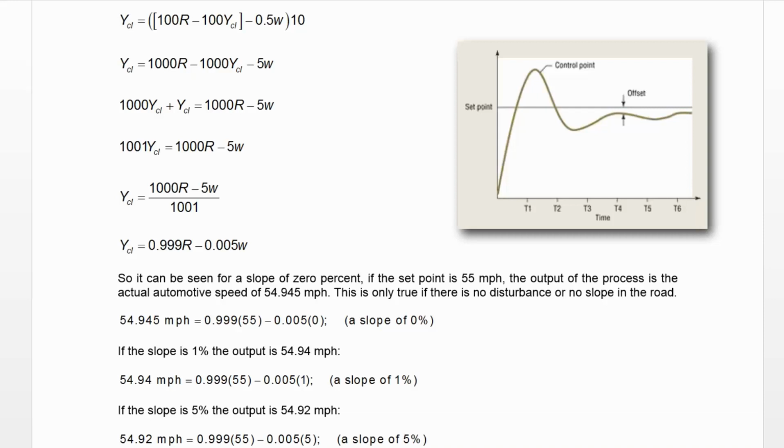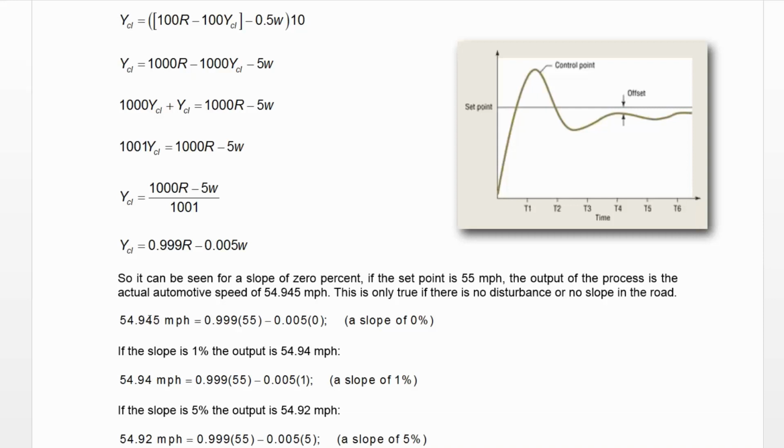All right, now let's look at it with a 1% slope. At a 1% slope, we drop down to 54.94 miles per hour. So if we go 0.999 times 55 miles an hour minus our disturbance of the slope, 0.005 times 1, we get 54.94 miles an hour.